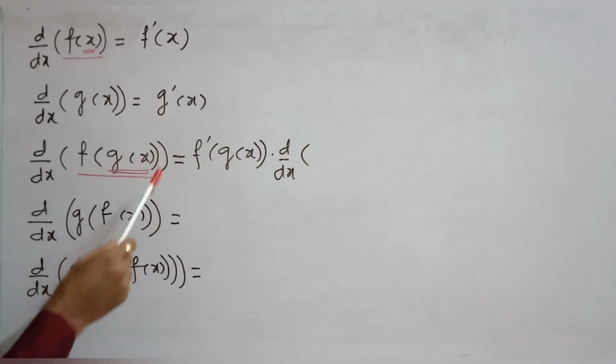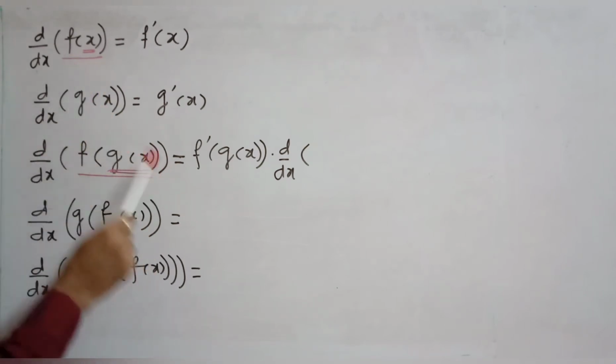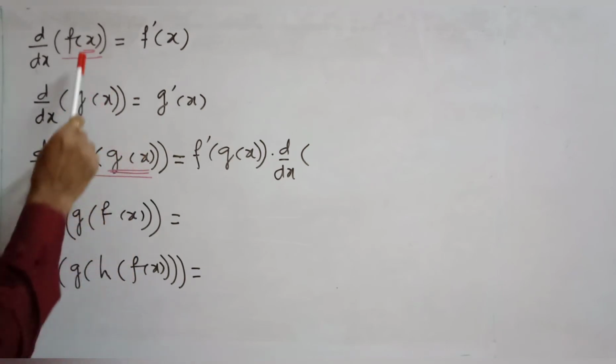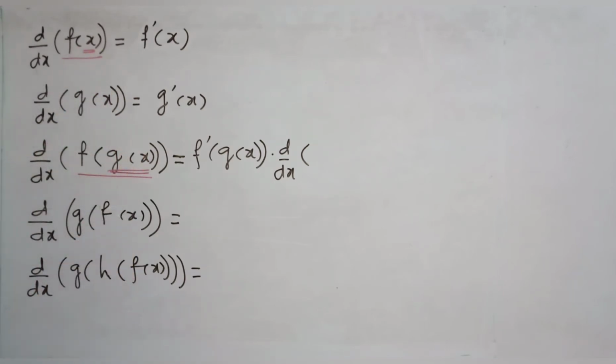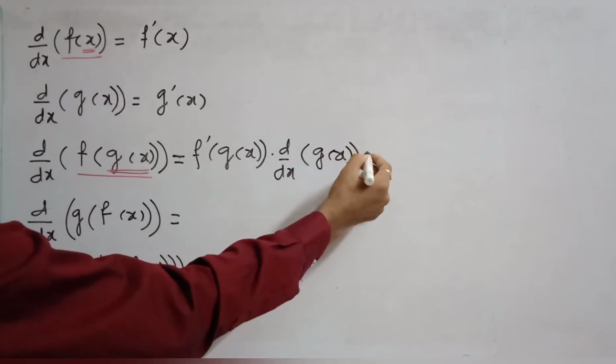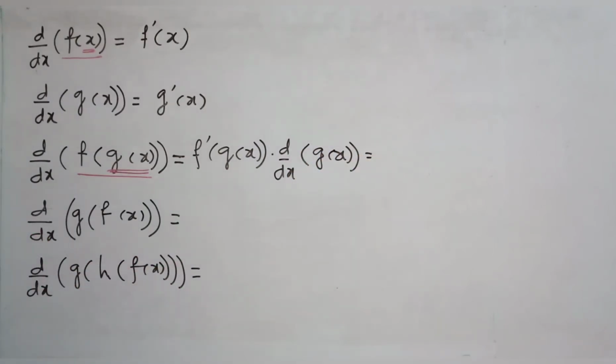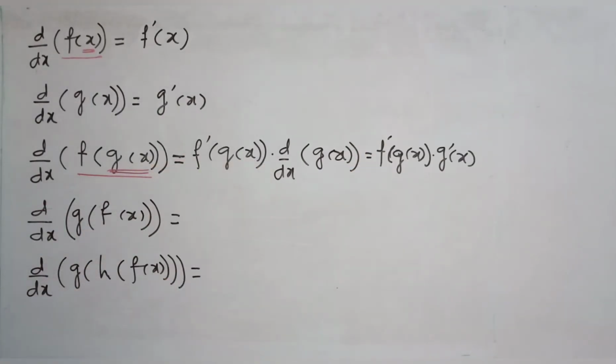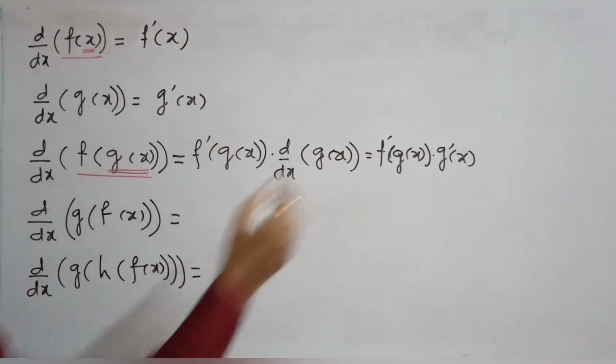So what do you write after differentiation? F dash g(x) into d by dx of replacement of x. Replacement of x is g(x), so d by dx of g(x), which means it is equal to f dash g(x) into d by dx of g(x), which is g dash x.